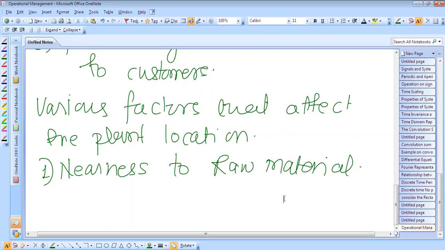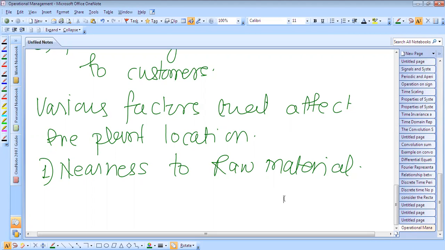And especially suppose the plant consumes raw materials in bulk amount, and the raw material is heavy and cheap, but losses are there.